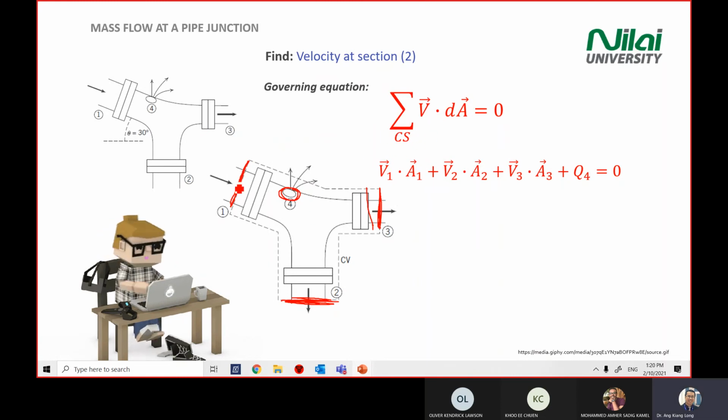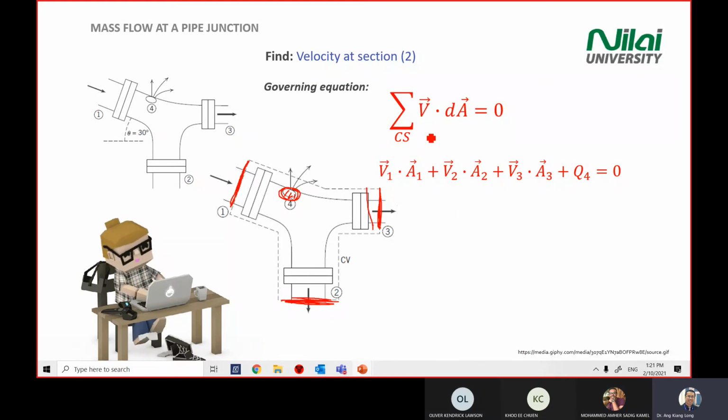The first one is at point 1. The second one is point number 4. The third one is point number 3. The fourth point of interest is point number 2. Yeah, clear? Everyone, clear of the areas that we're focusing on? Yes. Okay.